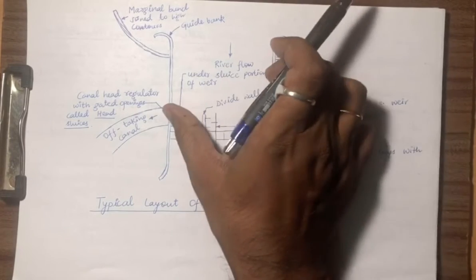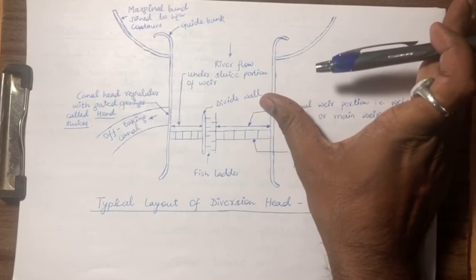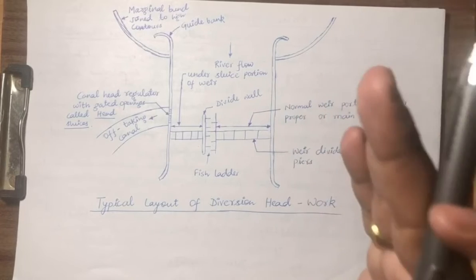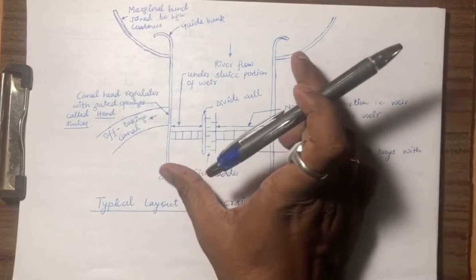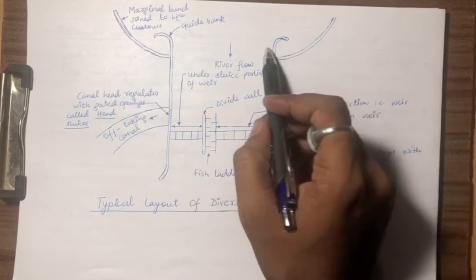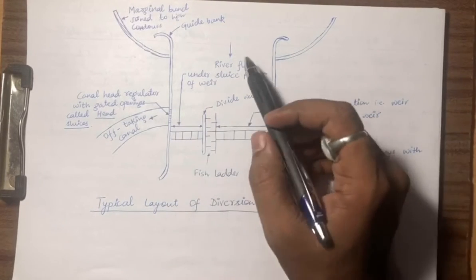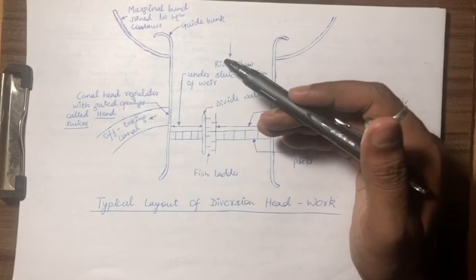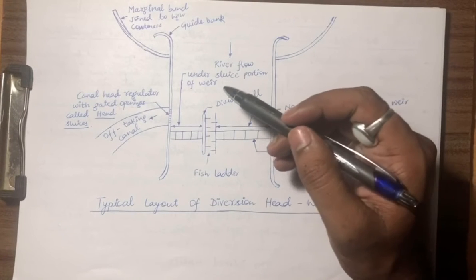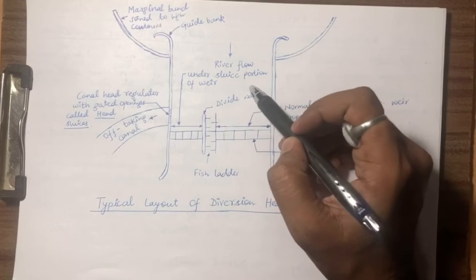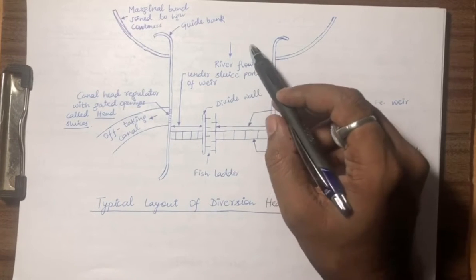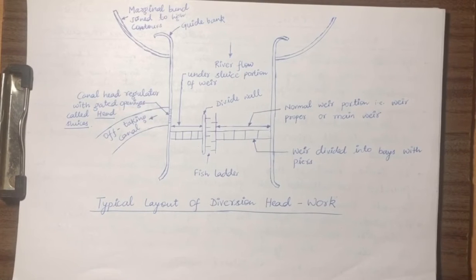Due to this, the river is flowing through a very small cross section area, so in this region velocity will become very high. So it will become impractical or impossible for fishes to cross this canal.